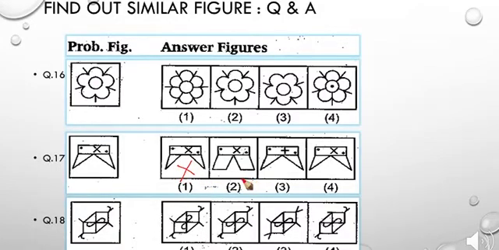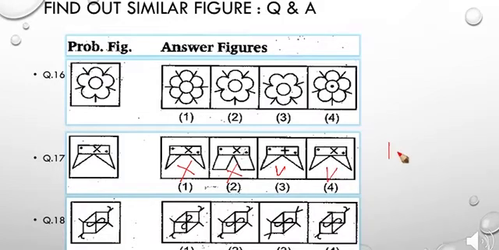In the second option these 2 triangles are missing, some other design is there, so this also cannot be the answer. In the next option there are 2 triangles and the triangles are exactly the same, so this could be the answer. In option 4, the triangles are there and they are put in the same way as the problem figure, so this also could be the answer.